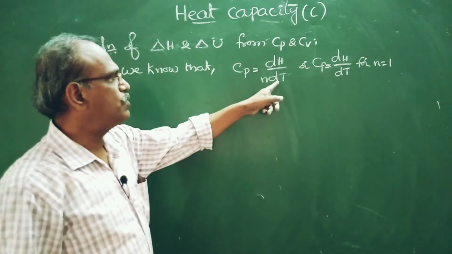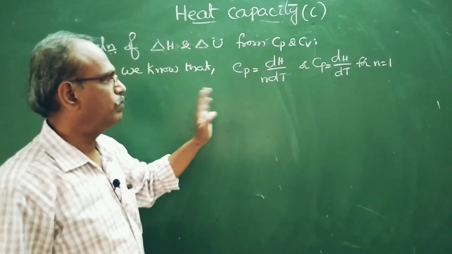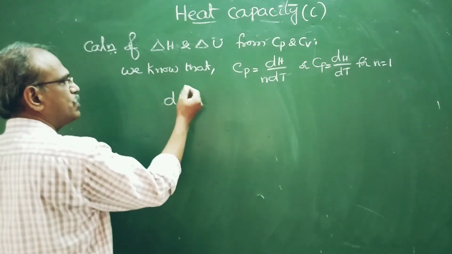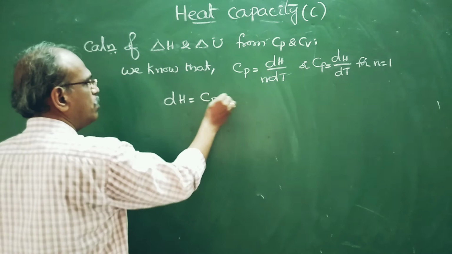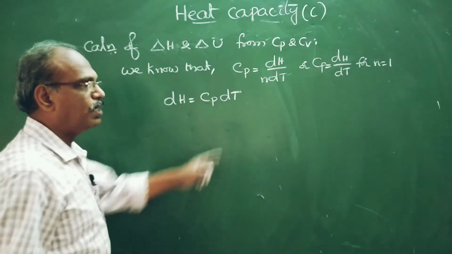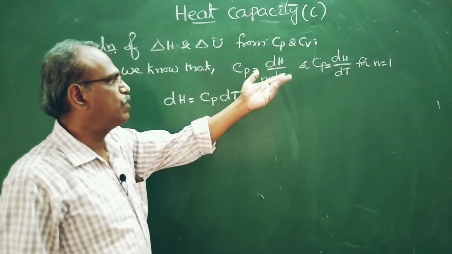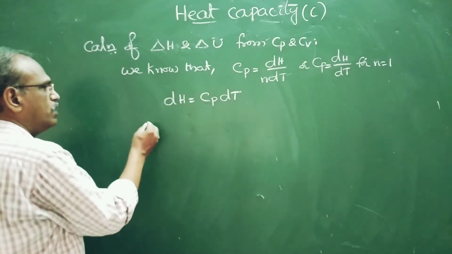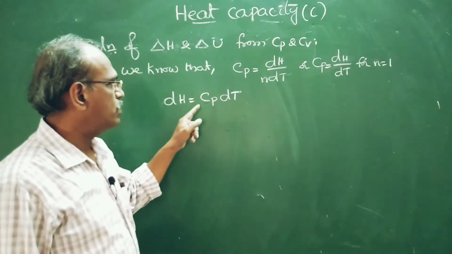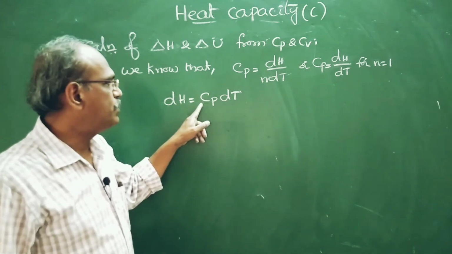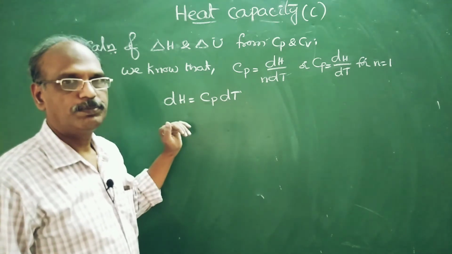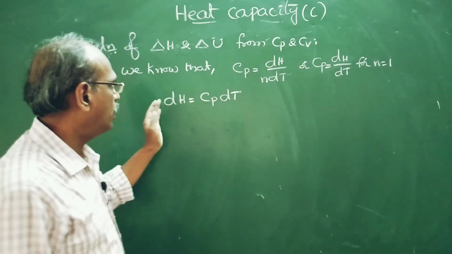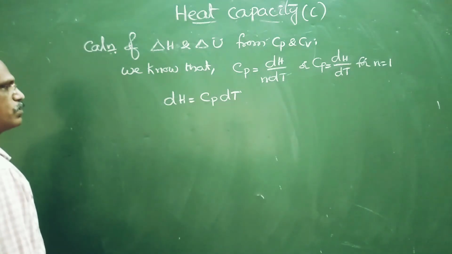Or dH is equal to nCp dT. Now from that, dH is equal to Cp dT, where n is equal to 1. Remember that. If n is different, we have to use this. Again there are two cases: Cp independent of temperature and dependent on temperature.